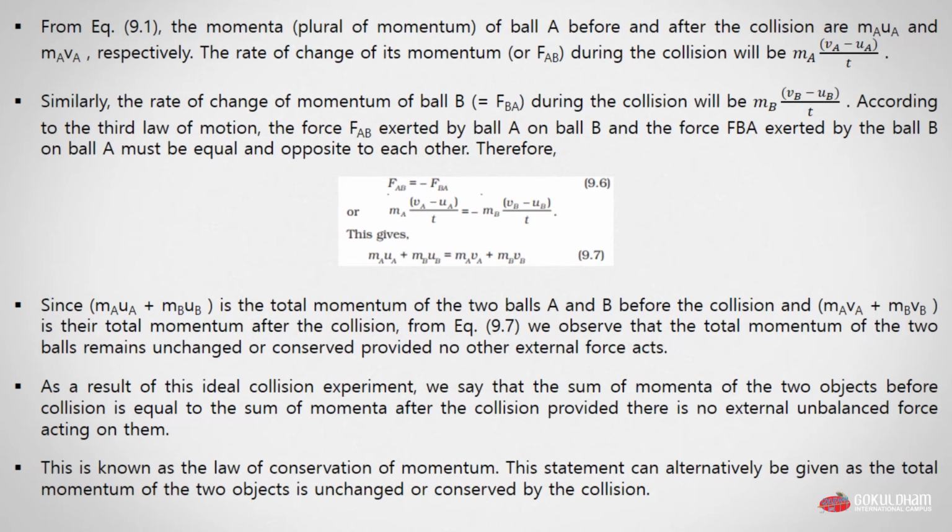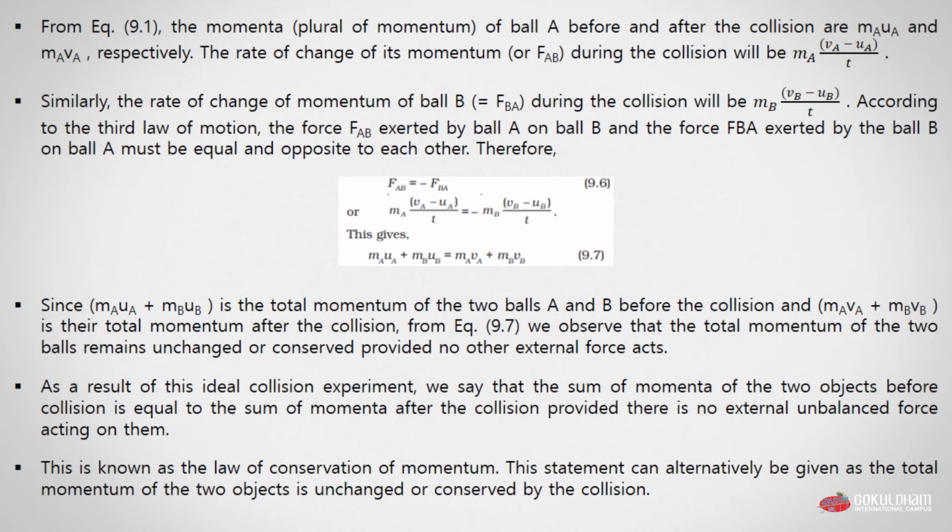Since MA, the mass of A, multiplied by UA, the initial velocity of A, plus MB, the mass of B, multiplied by UB, the initial velocity of B, is the total momentum of the two balls A and B before the collision, and MAVA plus MBVB is their total momentum after the collision. From equation 9.7, we observe that the total momentum of the two balls remains unchanged or conserved provided no other external force acts.